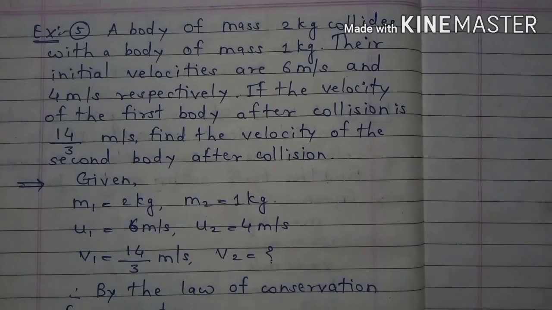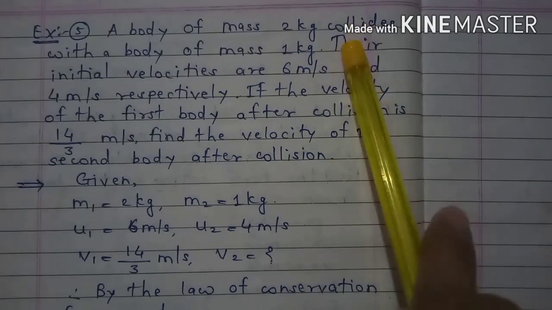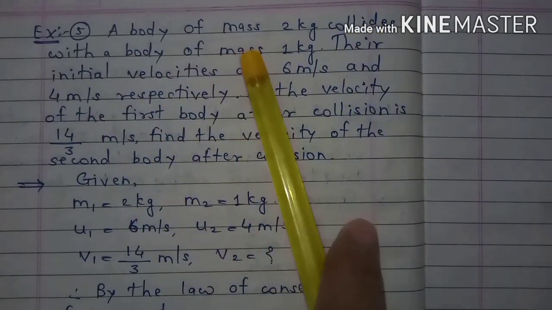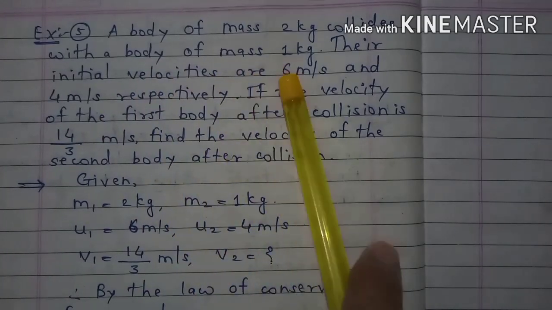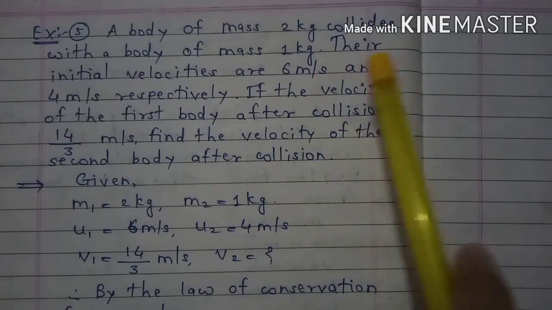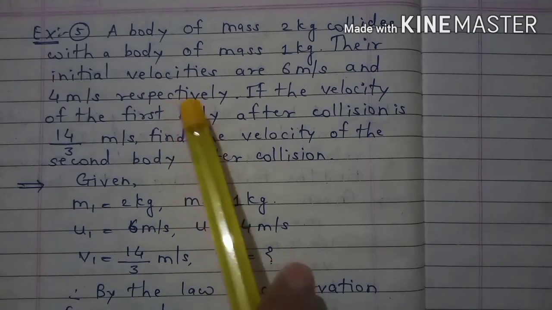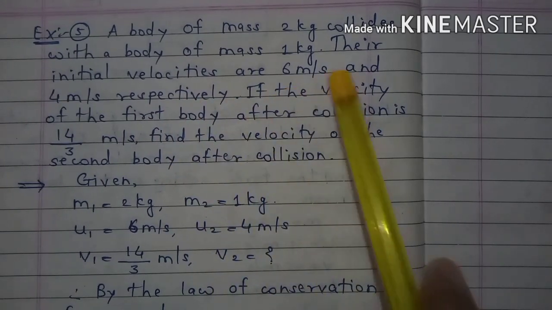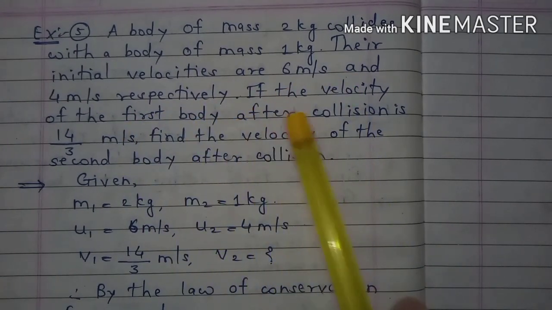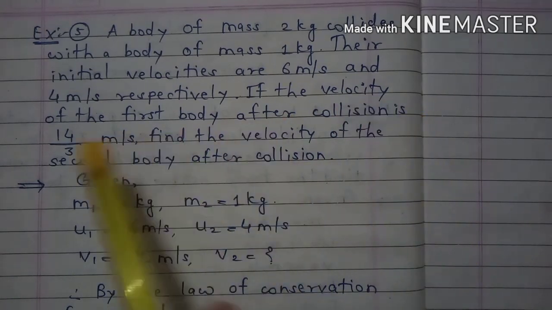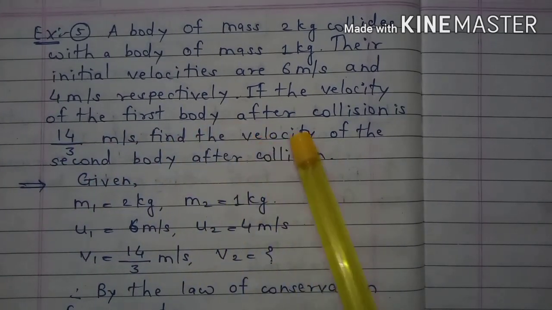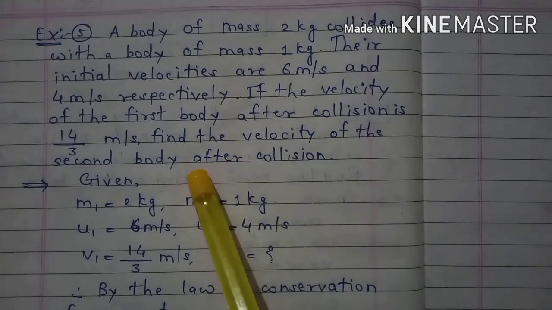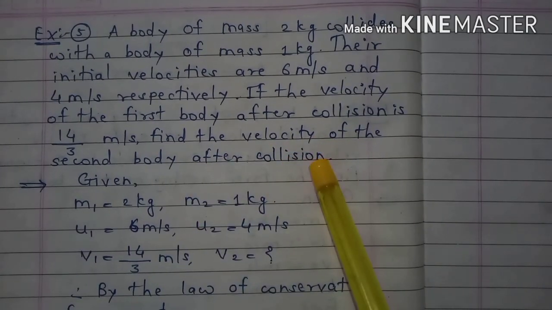Now example number 5. A body of mass 2 kg collides with a body of mass 1 kg. Their initial velocities are 6 meter per second and 4 meter per second respectively. If the velocity of the first body after collision is 14 upon 3 meter per second, find the velocity of the second body after collision.